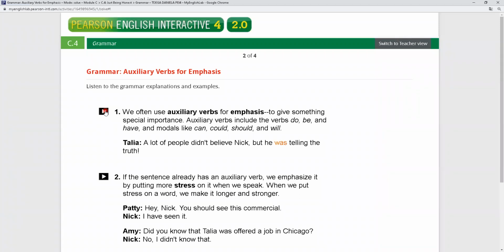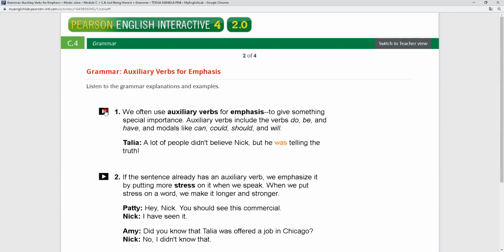Ok, entonces a veces tenemos algunos verbos para dar énfasis, para darle alguna importancia a lo que vayamos a decir. Dentro de esta lista está el verbo do, be, and have, y otros modales como can, could, should, and will.